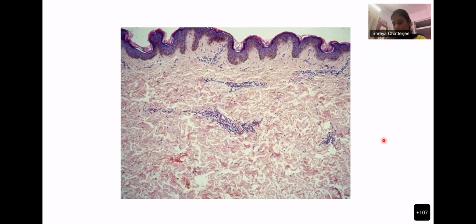The second differential is arthropod bite reaction, because of the perivascular mixed inflammatory infiltrates, although, sir, I could not appreciate any spongiotic changes in the epidermis.